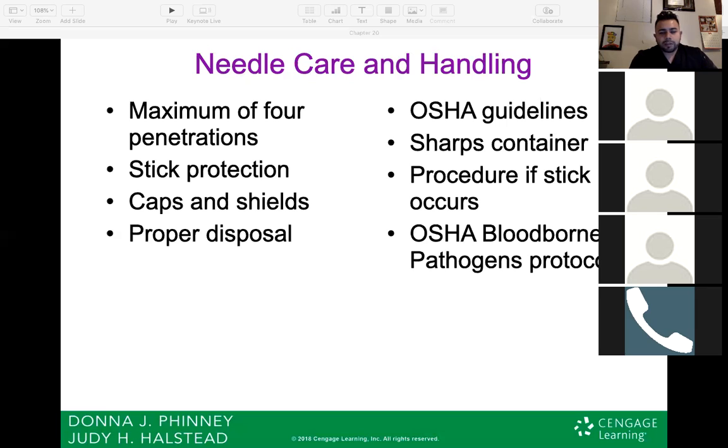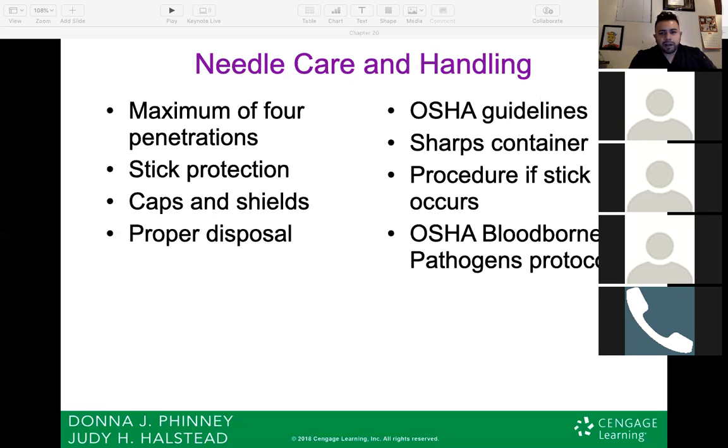So to avoid that scenario happening, if we unload that needle in the operatory before that tray even reaches the sterilization area, those are safer techniques.